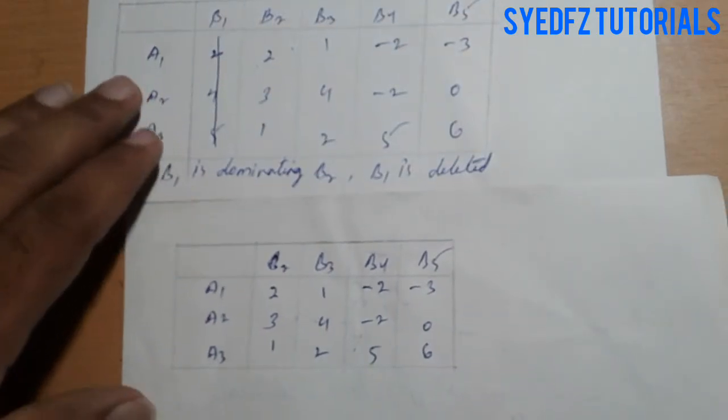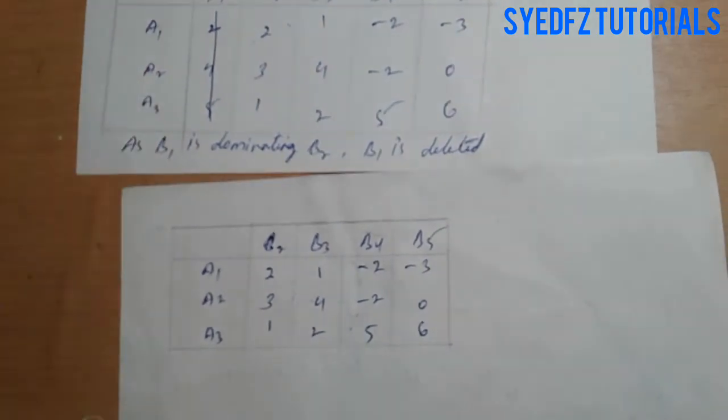First we checked columns 1 and 2. Now go for rows. Calculate A1 and A2.